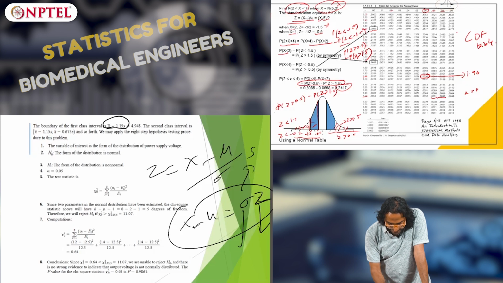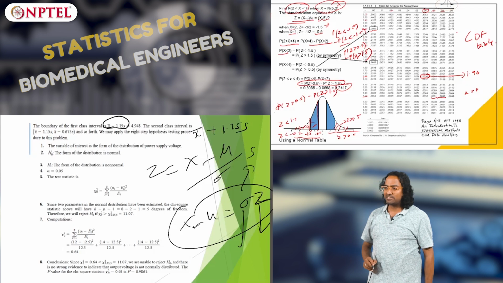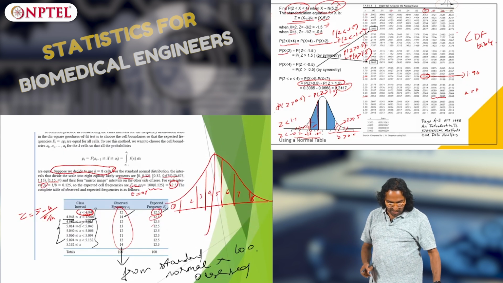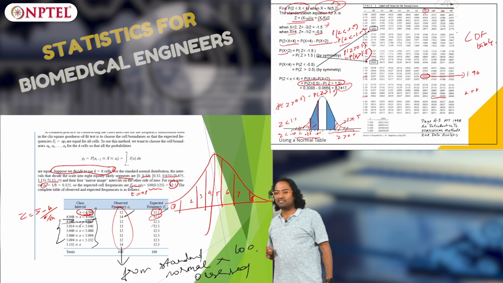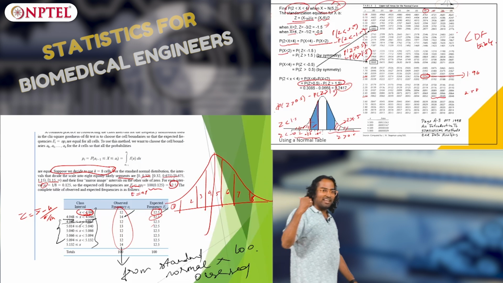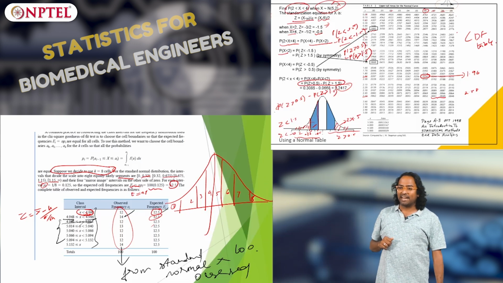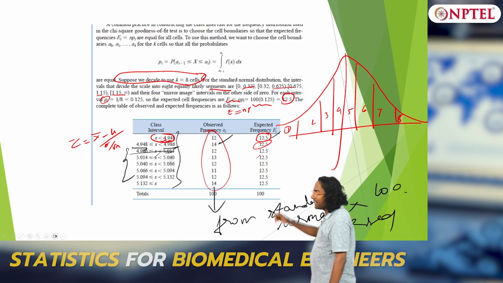On the other extreme it will be x bar plus 1.15 times s, understand. So in the last problem, how did I get x less than 4.948?